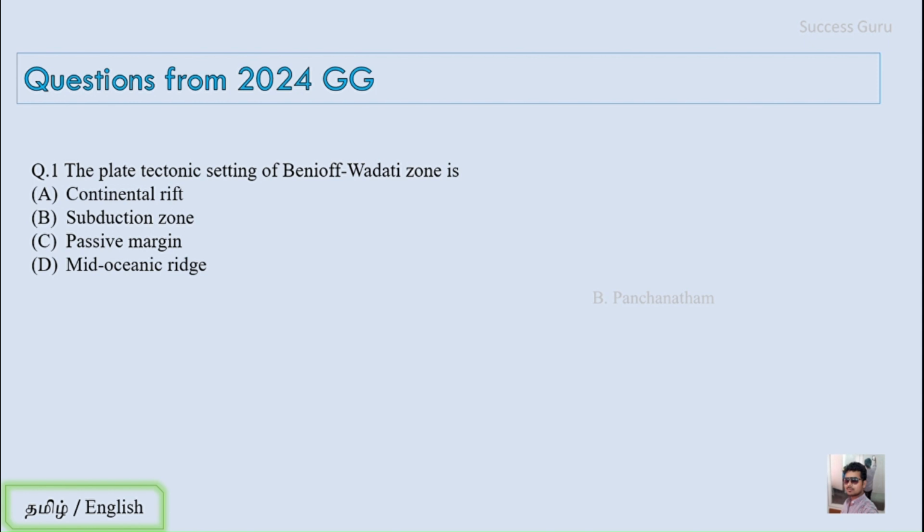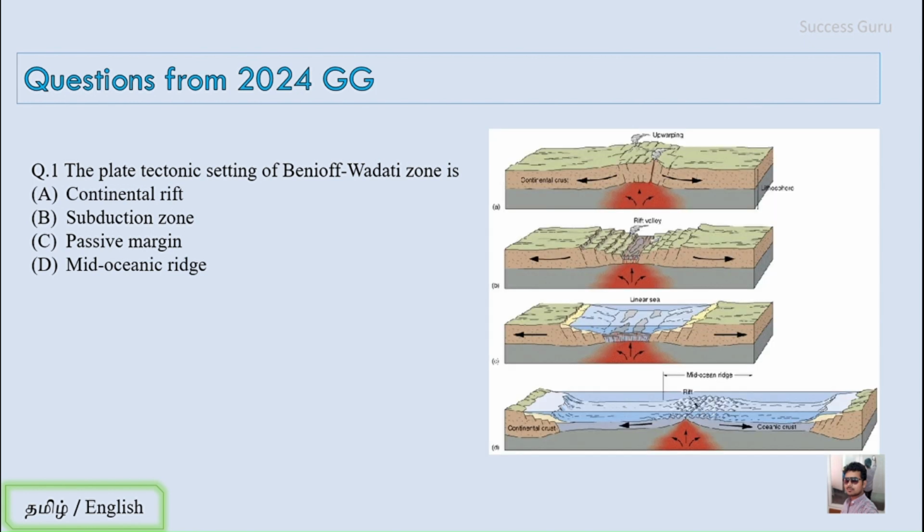The first option is a continental rift margin. Here the image shows the continental rift margin where a single continental plate has been broken and is moving apart. This leads to the formation of a rift valley, which forms the Horst and Graben structure.